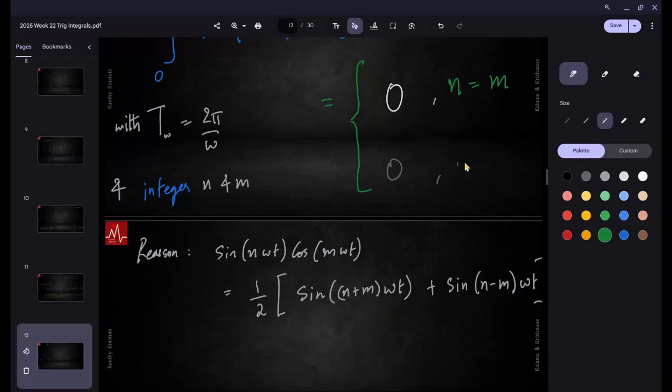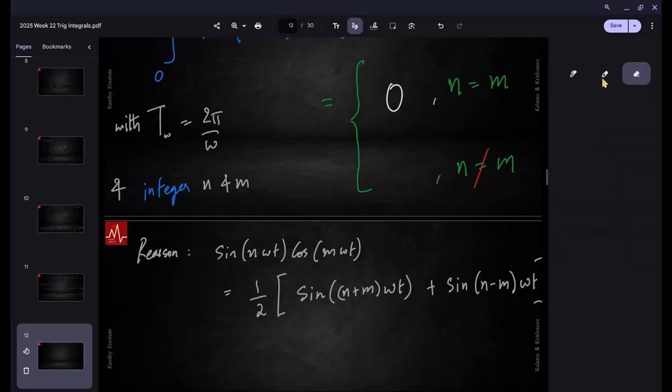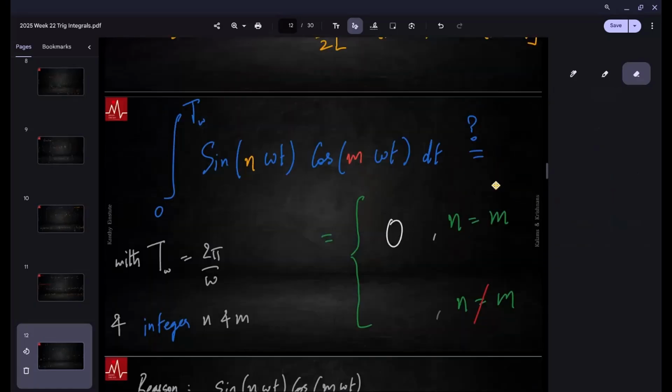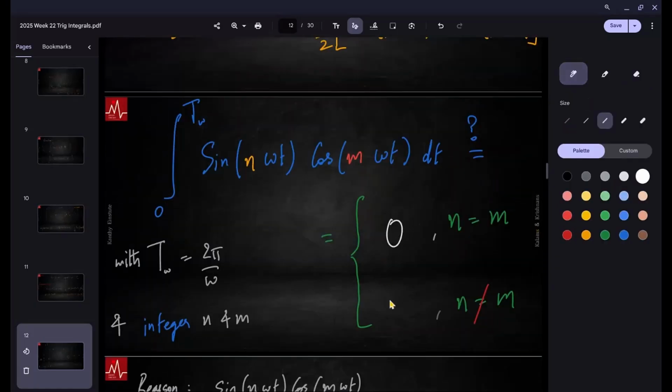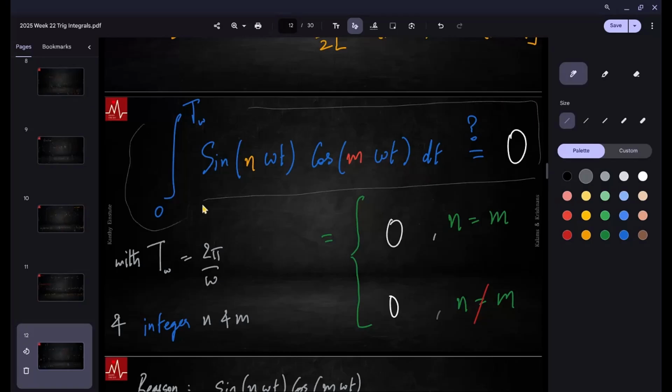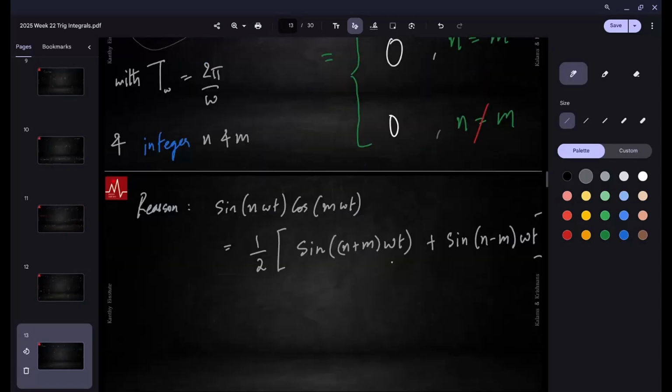Either n equals m or n not equals m, there is no distinction. It's both 0. So the answer is 0. There's no special case here because this is just a summation of two sinusoids at the end of the day.